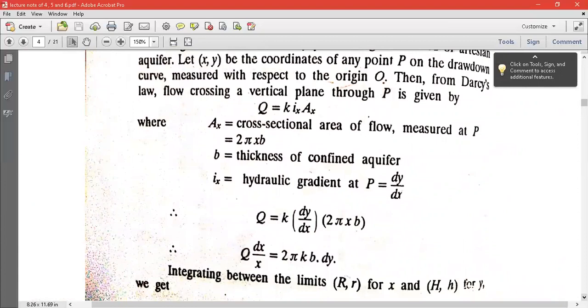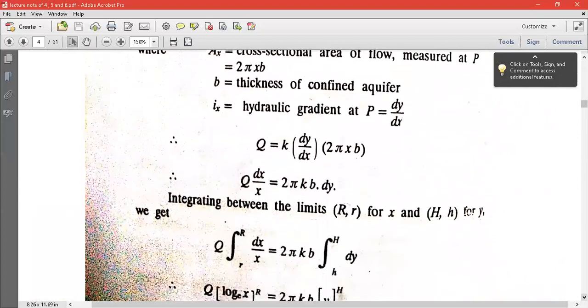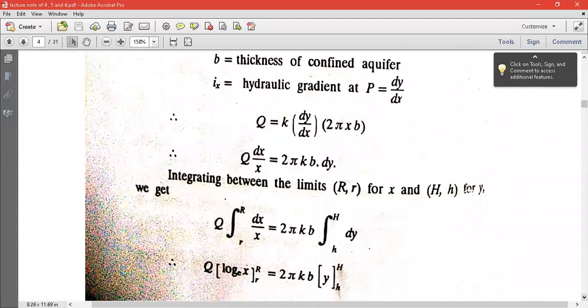Unlike the previous one, instead of 2 pi xy, here it is 2 pi xb, because it is specified by b, which is below the y. So again, rearranging the formula in differential manner and with integration, we have fixed the integration limit of the x portion from small r to capital R, and the y portion from small h to capital H, like earlier.